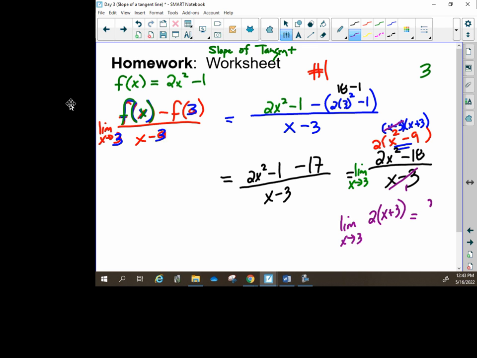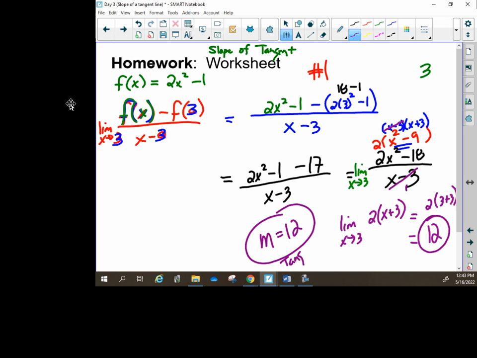So my limit is 2 times 3 plus 3. 6 times 2 is 12, there is the slope. This is the slope of the tangent line at x equals 3. That's what a derivative finds.